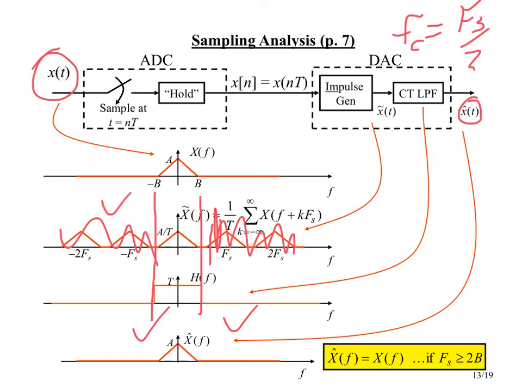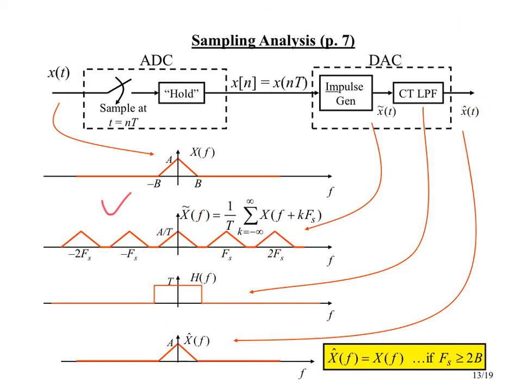But now look at everything that we had to say here to make that happen. So we needed quite a few things to happen there. We needed a signal that was perfectly band limited. So outside of some frequency B, its spectrum was exactly equal to 0. And we also talked about an ideal filter here.